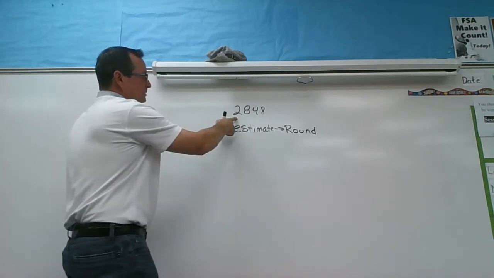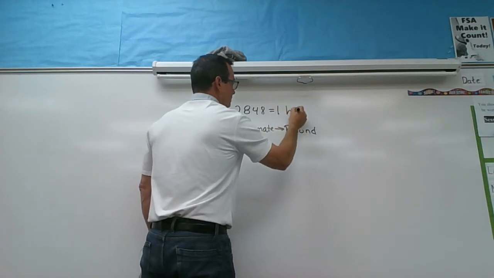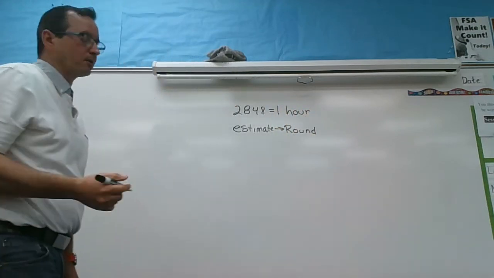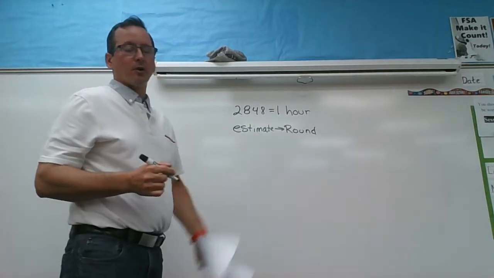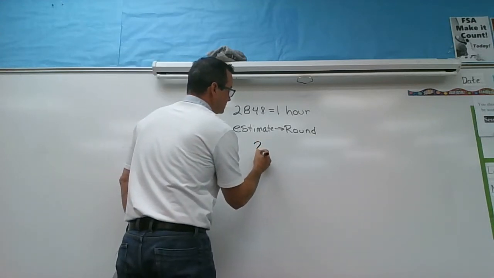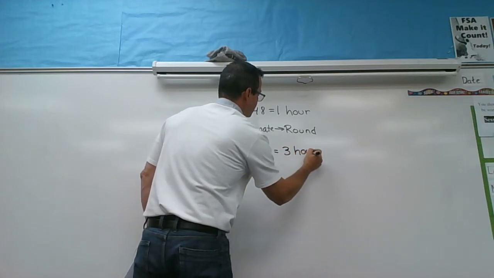We know that 2,848 is equivalent to 1 hour, just as 60 minutes is equal to 1 hour. We know they can make 2,848 in 1 hour, but they want to know how many pencils you can make in 3 hours.